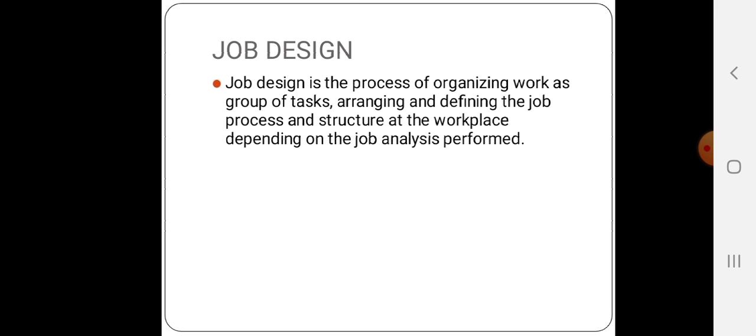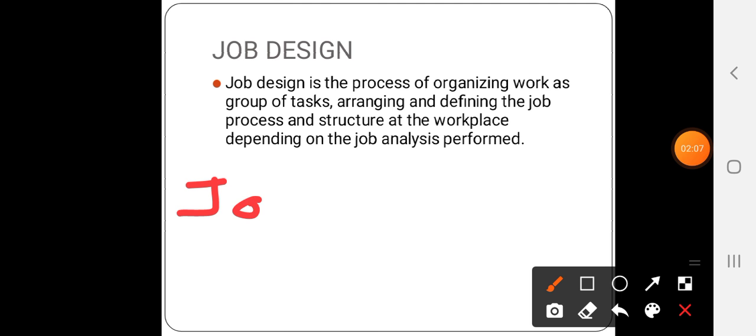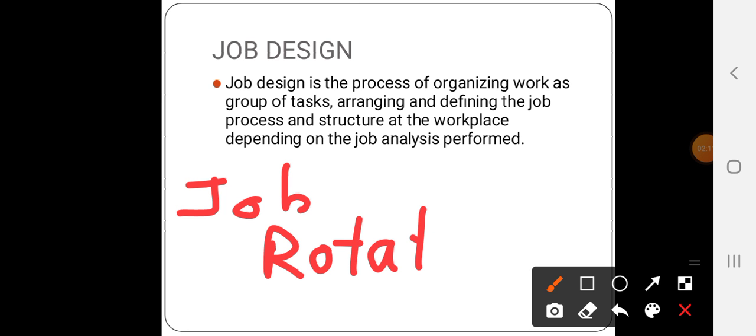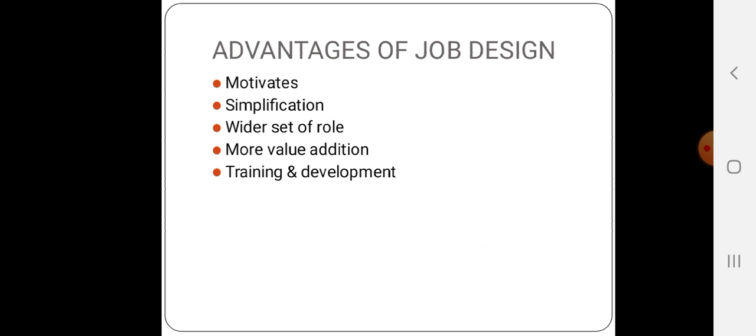And we have one more part in this, that is job rotation. So these are the four aspects which are included in job design. So this is the simple meaning of job design, that is the different ways of designing a particular job, which include job specification, rotation, enrichment, and enlargement of a particular job.